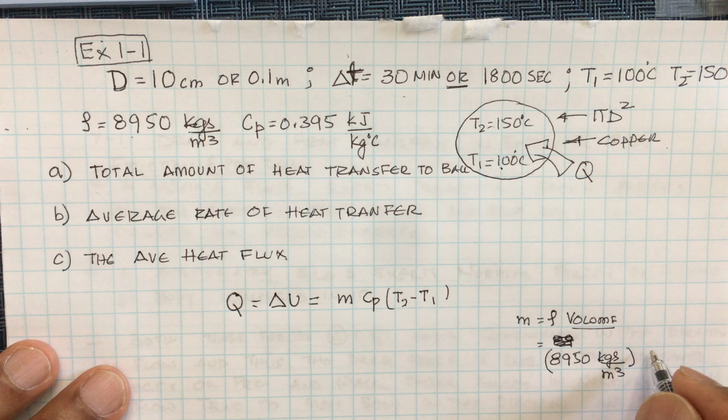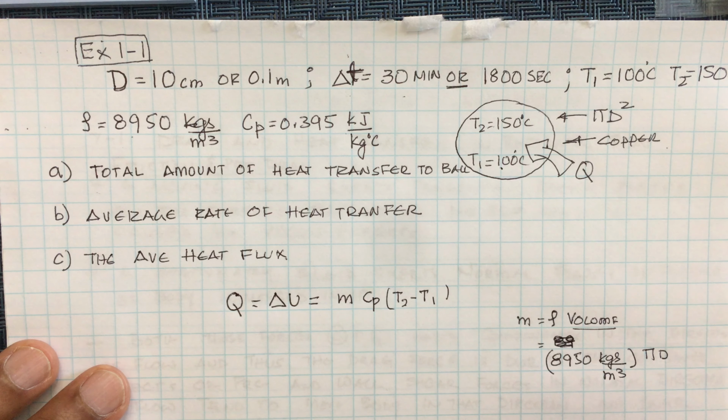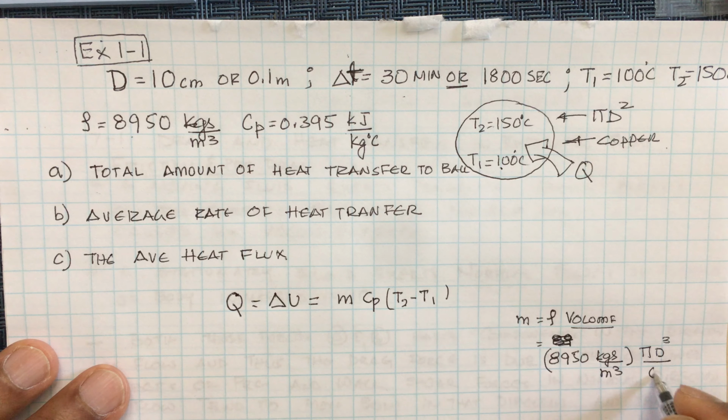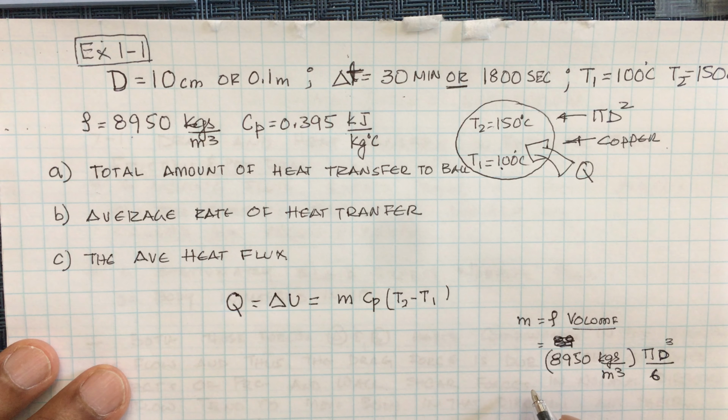And how do you find the volume? Volume of the copper ball, it's a sphere, right? For the sphere, the volume is pi d cube over 6, where d is the diameter.